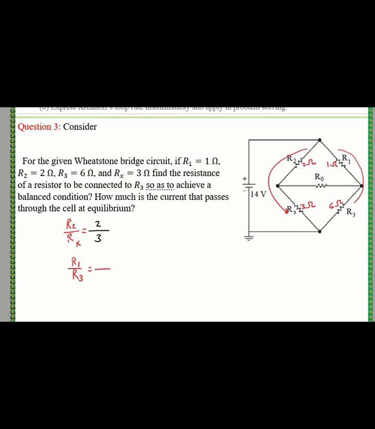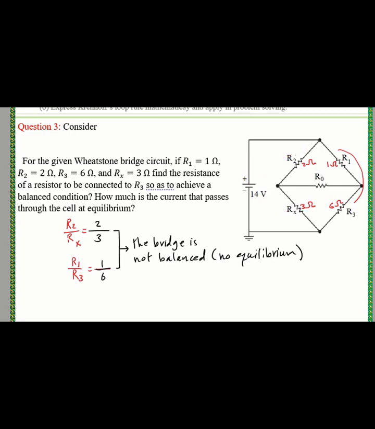It is 1 over 6. They are not equal each other, so the bridge is not balanced. So no equilibrium here, and the current will flow through the resistor R0.